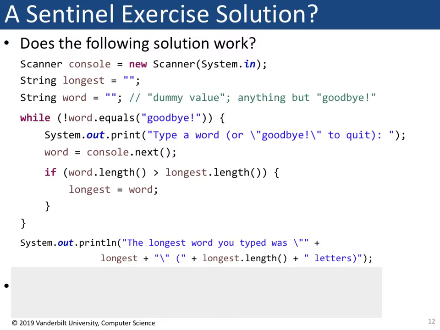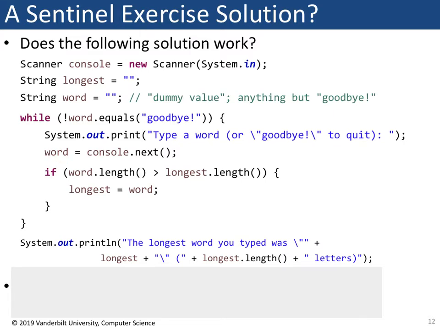Now let's look at what's inside it. We're going to prompt the user for a word or goodbye to quit this loop. We're going to get the new word from the console, which the user types in, and we're going to use console.next instead of next line because we only want one word, so one token as a string, and we're going to assign that to word.